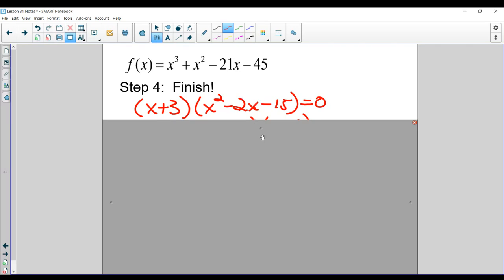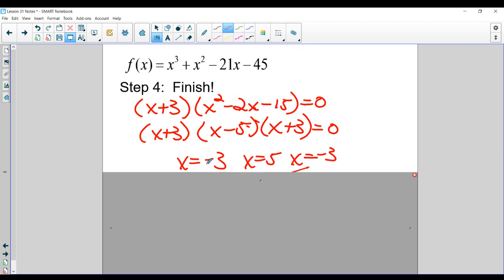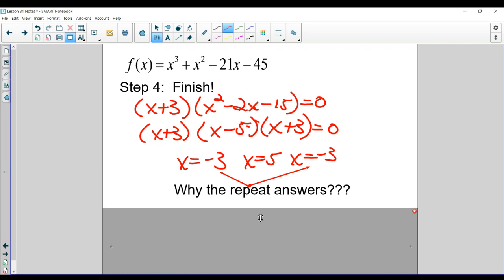In any case, don't forget about the x plus 3, bring that down, and this will factor to x minus 5 times x plus 3. So if I set each one of those parentheses equal to 0, I get -3 from the original, and then 5 and -3 again from the factored one. So notice that you do have repeating answers.